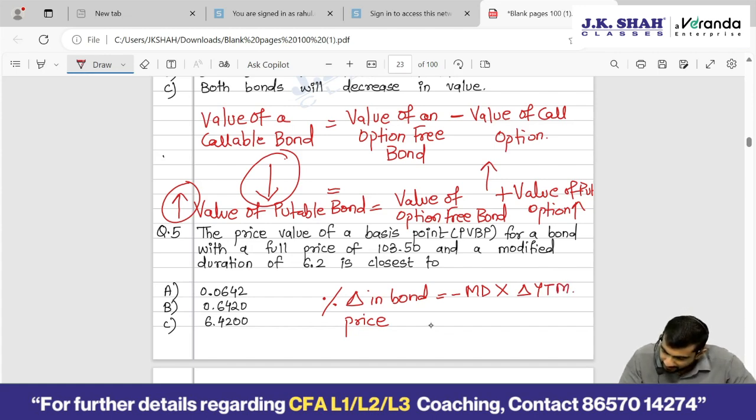Minus modified duration is 6.2 and into YTM 0.01%. Expressing it in decimals will be 0.0001. Just calculate how much is it. Minus 6.2 into 0.0001.